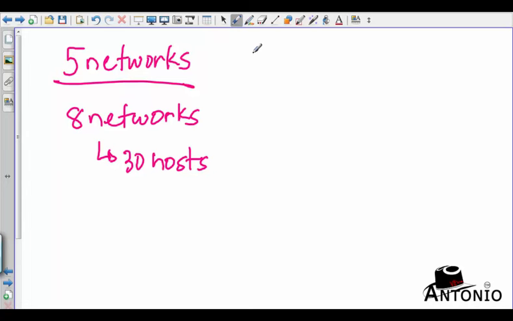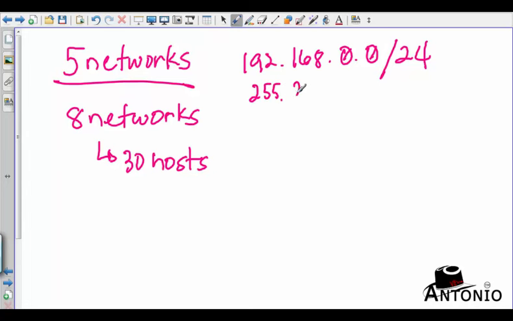And the old IP address is 192.168.0.0/24 or 255.255.255.0.